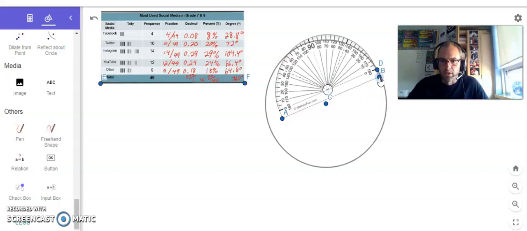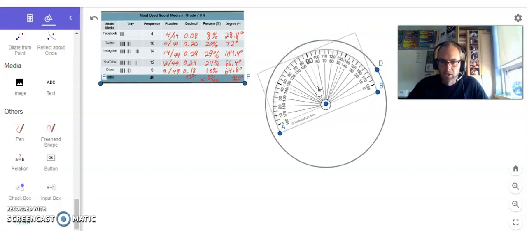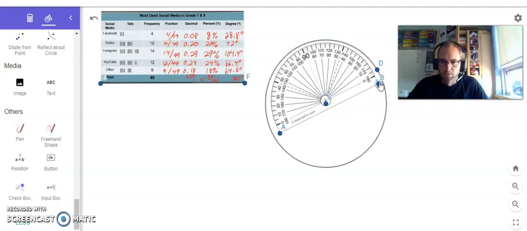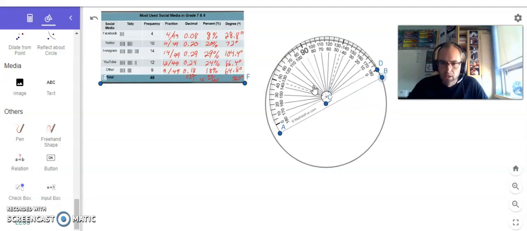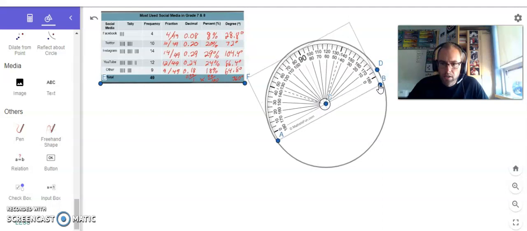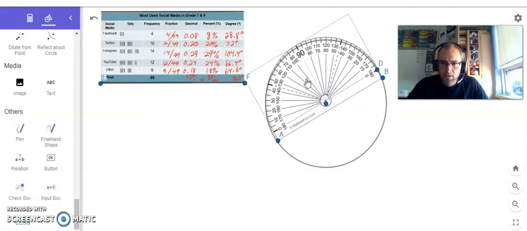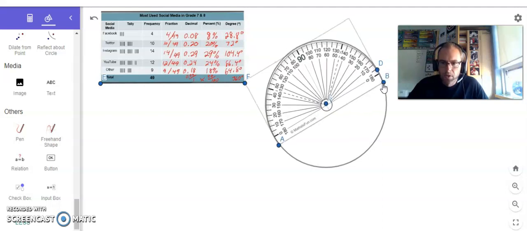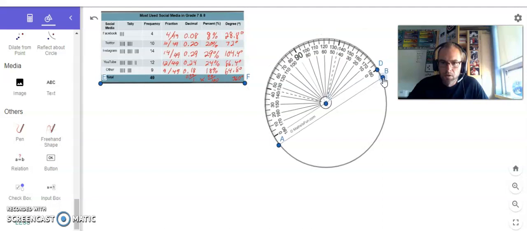I've got this little point D labeled here, so that's going to be my 0 degrees. Now, using this digitally, my protractor is going to move each time I enlarge it. Okay, so there's my protractor. D is on 0 degrees, and you can go the other way if you want to go clockwise.